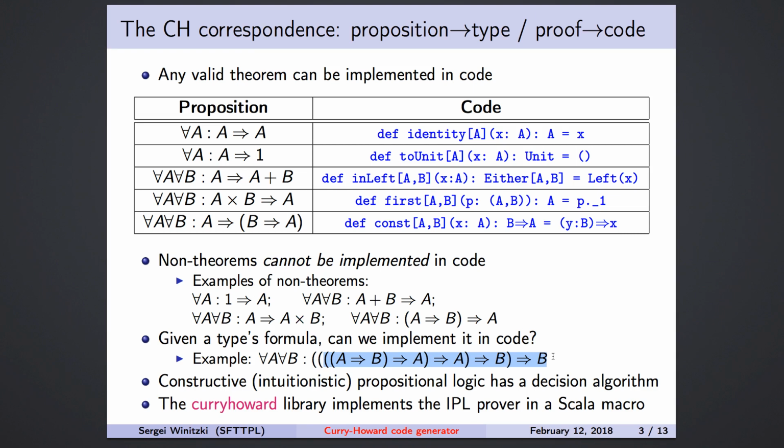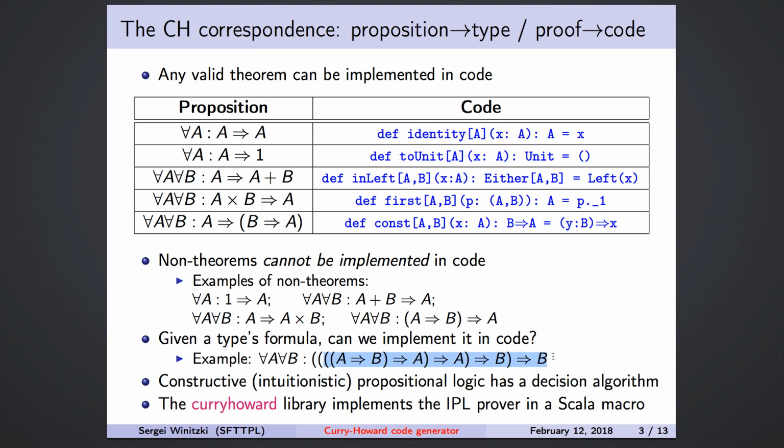So luckily, there exists an algorithm for deciding this. So this logic in which I'm working, I did not talk very much about the logic so far, I will. It's called intuitionistic propositional logic, which has a decision procedure. In other words, there's an algorithm that takes a formula in this logic as a symbolic expression and does some computation on that symbolic expression and decides whether you can prove it. And if so, produces a proof.